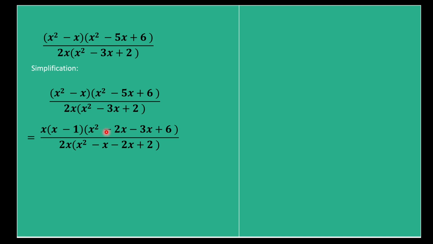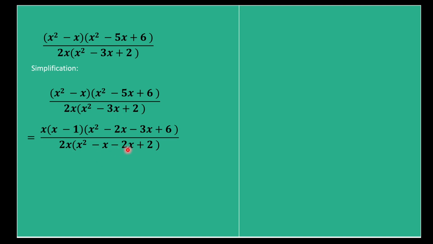So we have split −5x into −2x and −3x, while here we have x² − 3x + 2. We will split this −3x into −x and −2x.